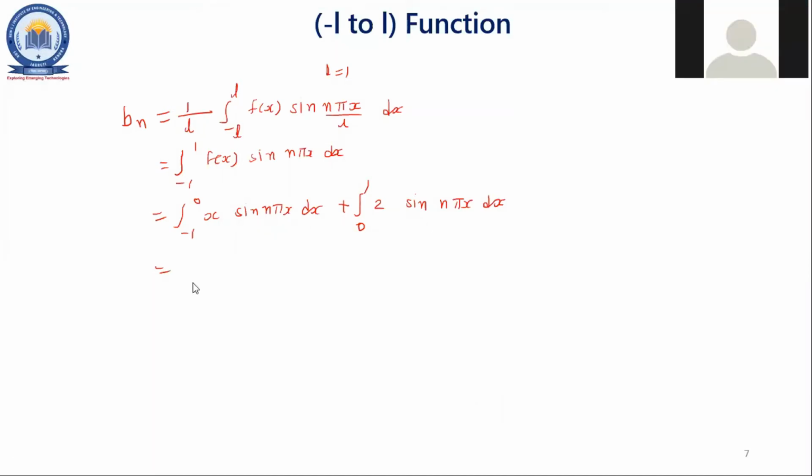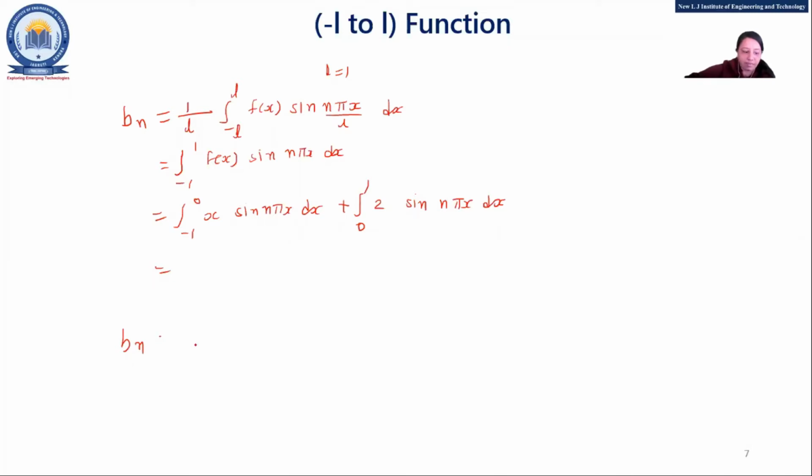So X into minus cos n pi x, just a minute, upon n pi. I am asking about Bn, right? Tell me. X into minus cos n pi x upon.